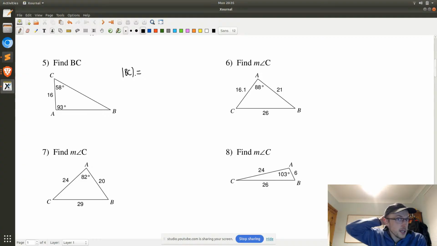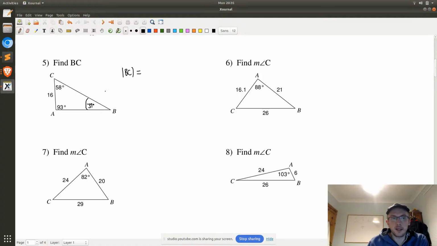The length of BC over sine of 93 equals the length of AC over... that's 151 then, so that's 39. Okay, so work out all the angles first.